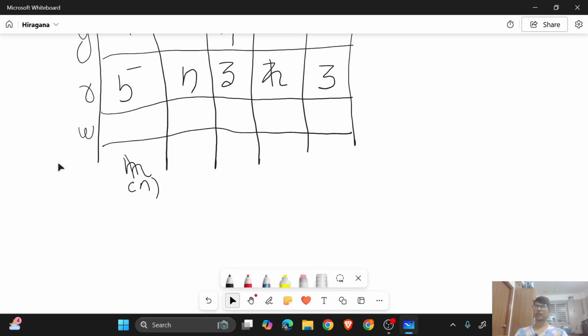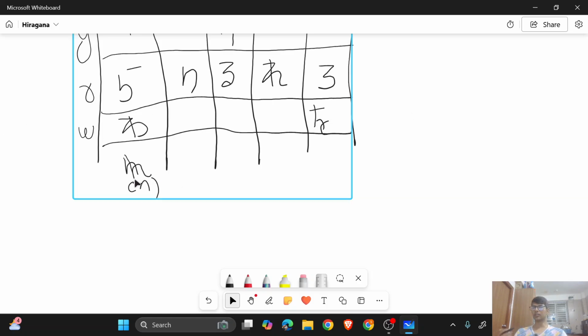In W, there are only two sounds, which are Wa and Wo. Actually, Wo and N, these are generally used as particles. We don't generally use them in words.